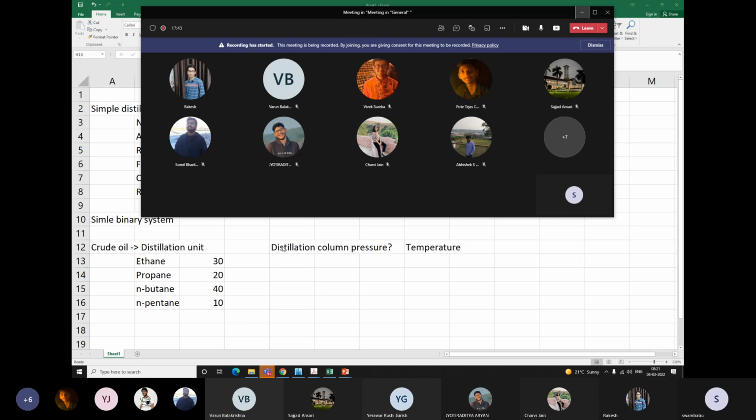The gas cylinder we use at home contains predominantly what? Gaseous. So can we operate a distillation column for gaseous components? Distillation column is mainly meant for liquids or gases?